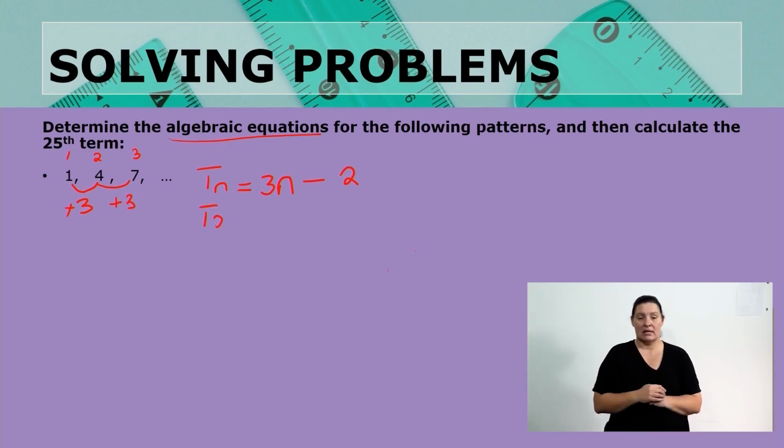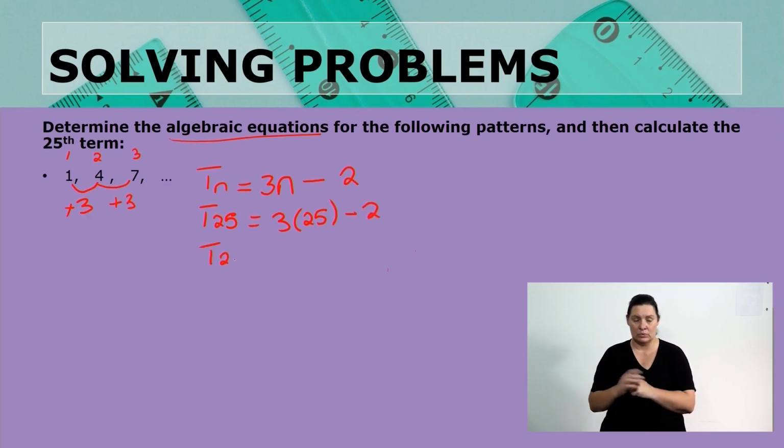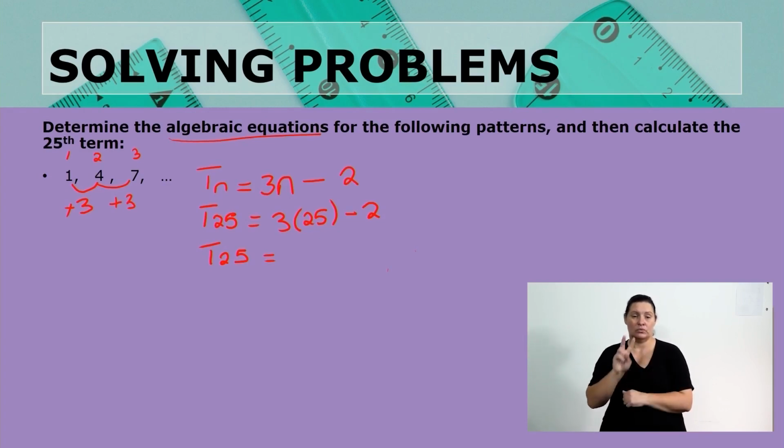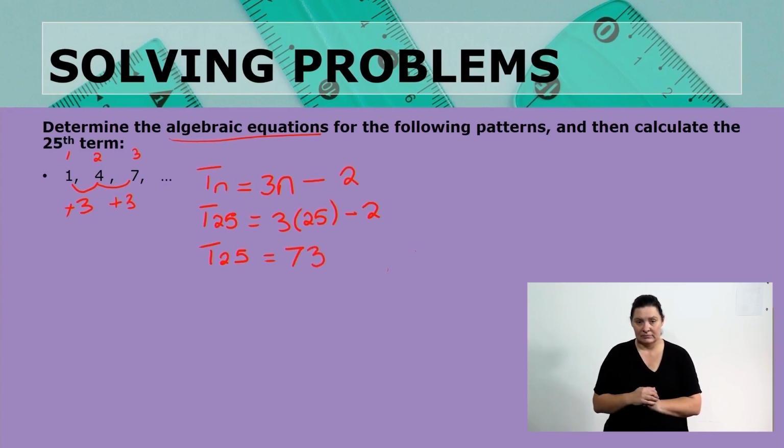So if I say term 25, I am going to take the 3, I'm going to use brackets so that it doesn't confuse me, and I'm going to multiply it by 25 and subtract 2. So our answer there is going to be, what is 3 times 25? That is 75. And then when we subtract 2, that is going to give us 73.